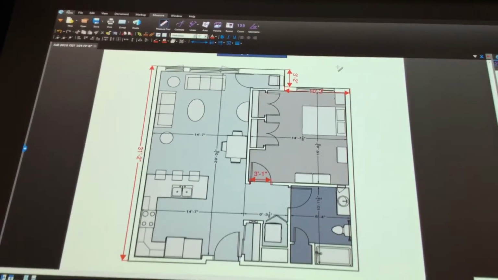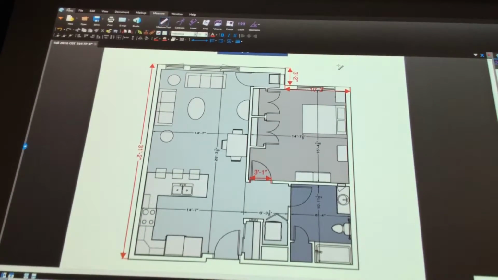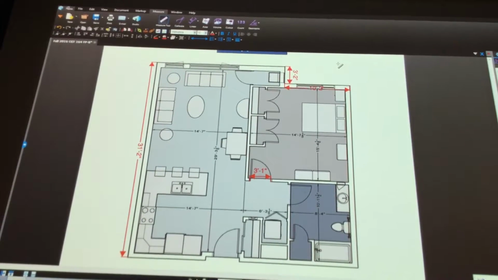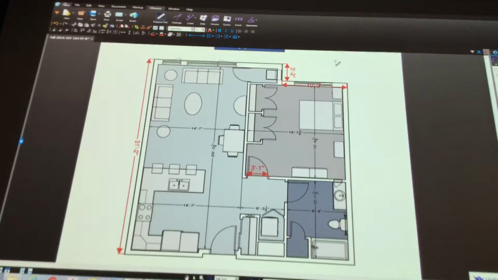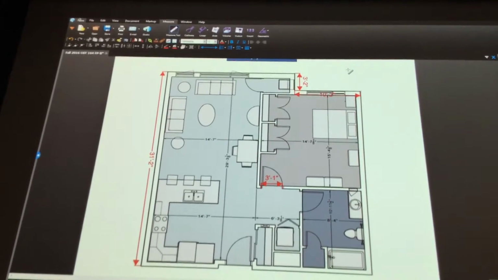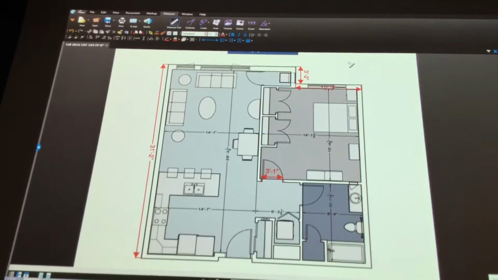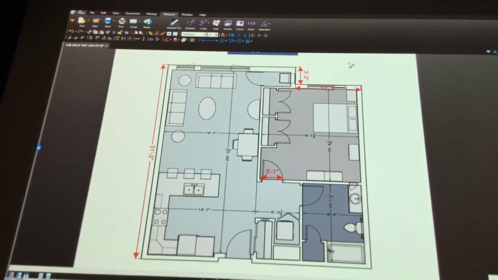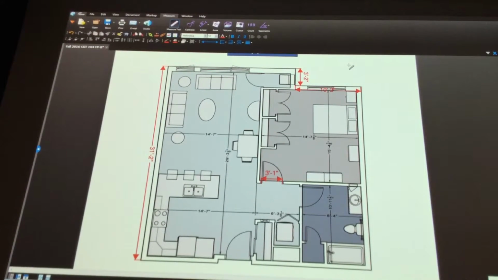One gentleman took it upon himself and put a stage in his apartment unit. The group wasn't happy with it, but he did it anyway. So you can redesign it. As long as your group is okay with it, you can go crazy and make them efficiency apartments all across the board, no walls at all. But it's up to you and your group.